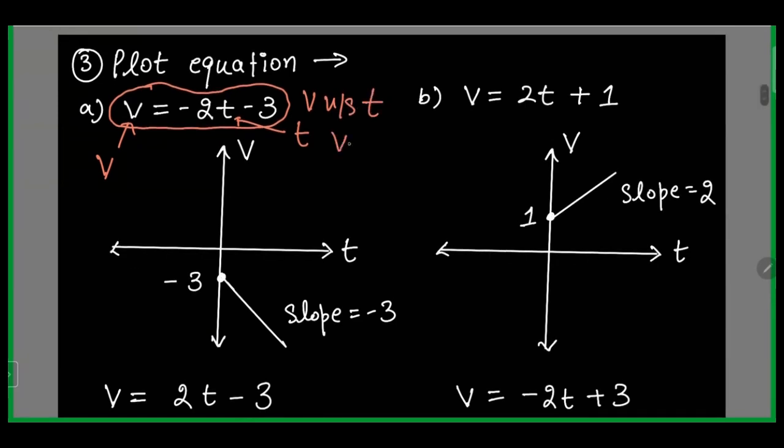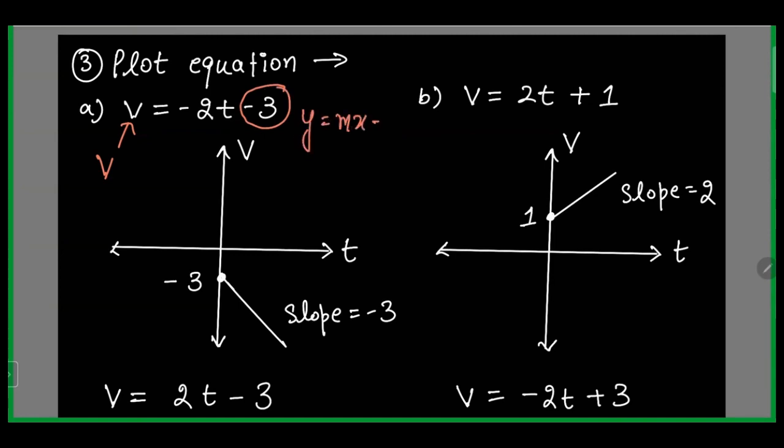Since v depends on t to the power 1, this graph will be linear. So let's do the linear graph. As you can clearly see here, this is your c. If we compare it with y equals mx plus c, then this minus 3 is your c.